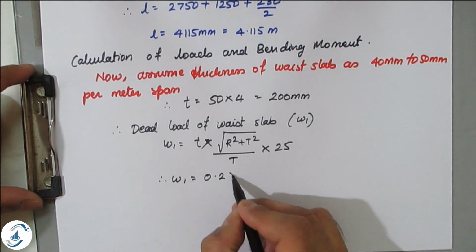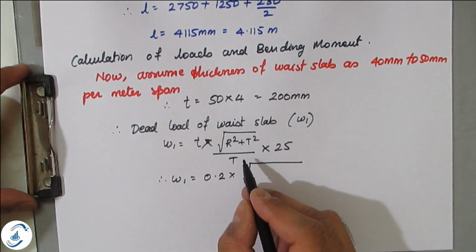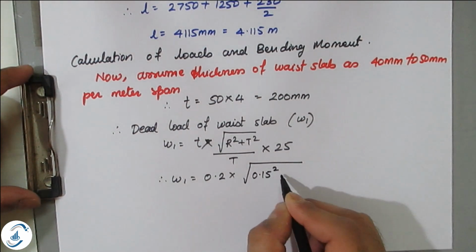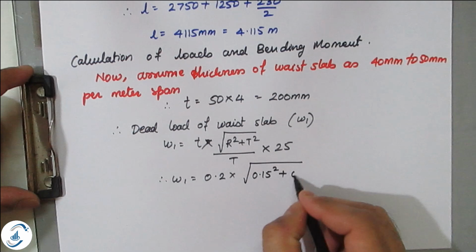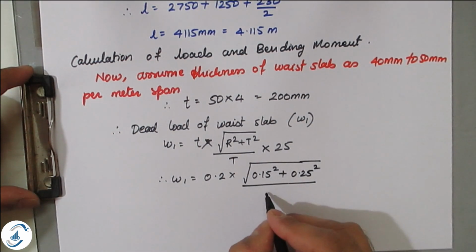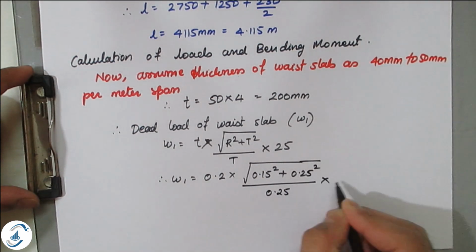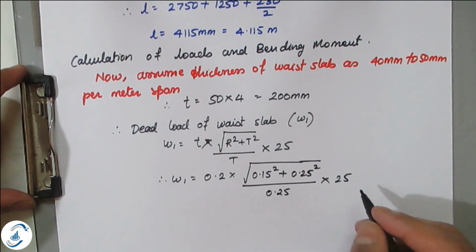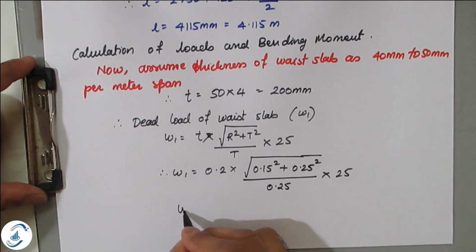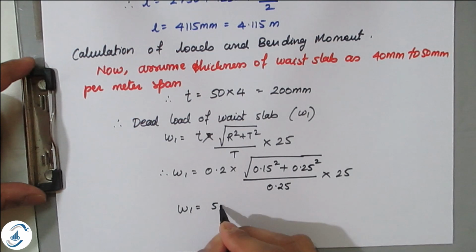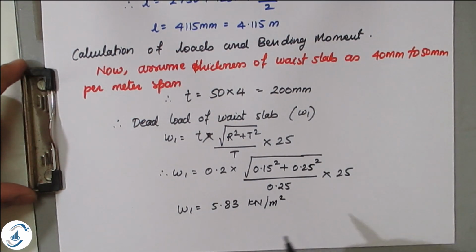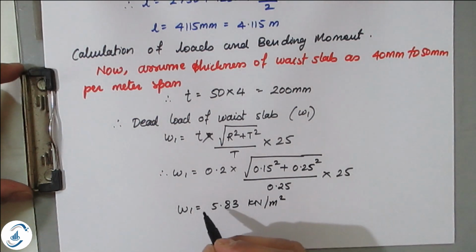So 0.2 into square root of riser we had taken as 150 mm, so 0.15 square, plus tread is 250 mm, that is 0.25 square, divided by tread 0.25, into 25 kilonewton per meter cube, the unit weight of the concrete. Once you work this out, you will get W1 as 5.83 kilonewton per meter square. So this is the dead load of waste slab.